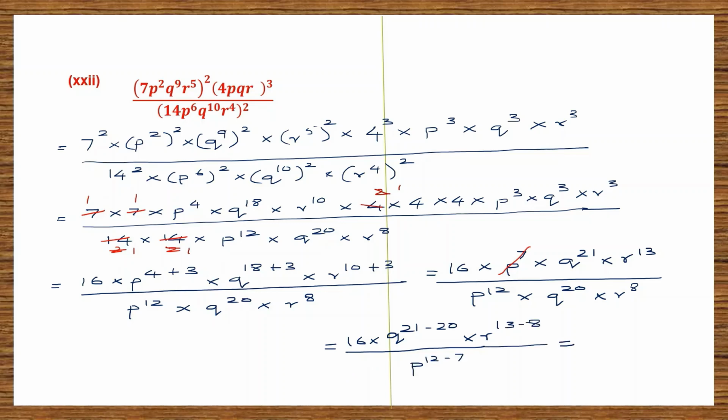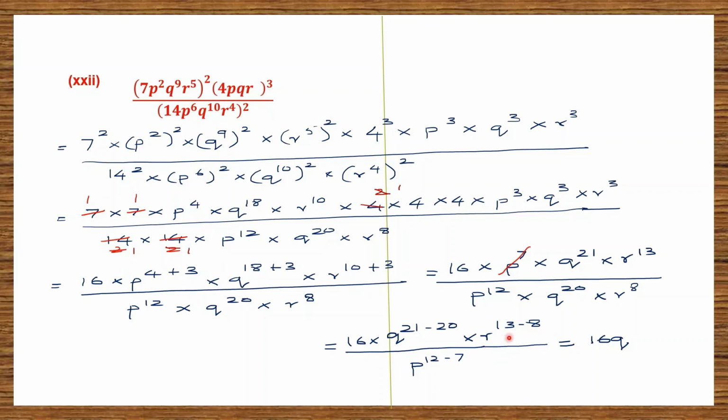So now we're going to write our final answer. Let's do it carefully. So here we have 16. So let's write 16. Then we have q to the power of 21 minus 20. 21 minus 20 is 1. The q to the power of 1 is q itself. So we'll write only the letter q. Then let's look at the next one, into r to the power of 13 minus 8. 13 minus 8 is 5.